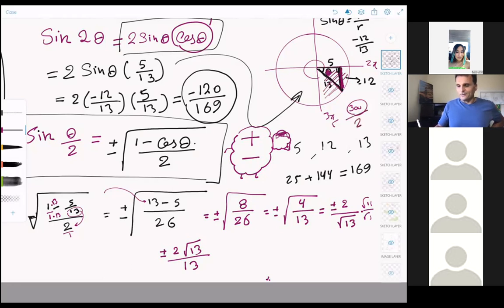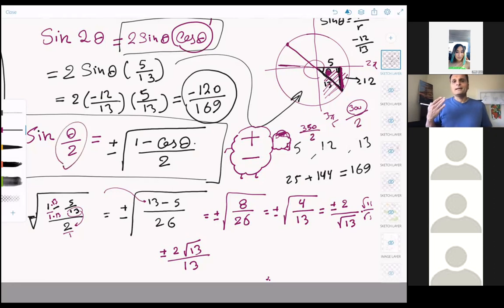If you have an angle like 300 in quadrant 4, and we take half, we get 150, which will be somewhere around here. Or if it's 350, for example, where do you end up? 175, again somewhere around here, because we are dealing with half, right?